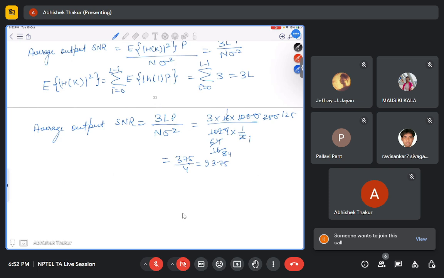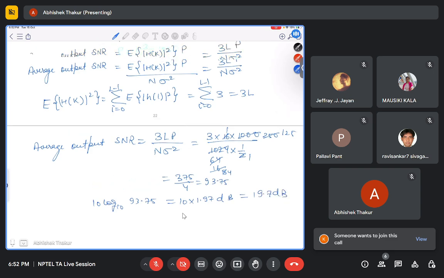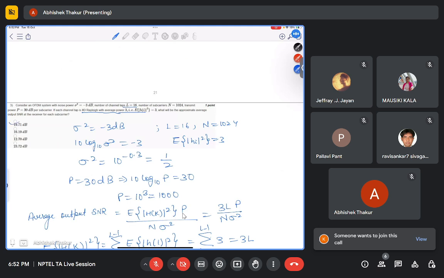So 10 log 10 93.75 is 19.7 dB, which is the correct answer. So option A is the correct answer for this question.